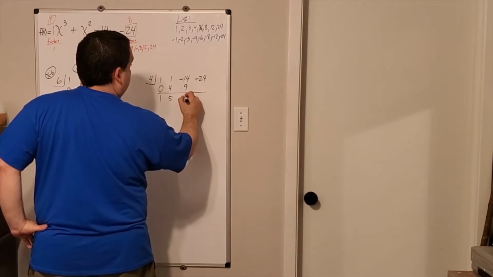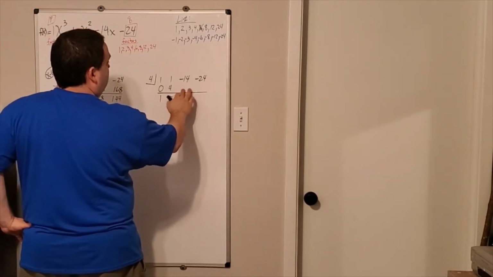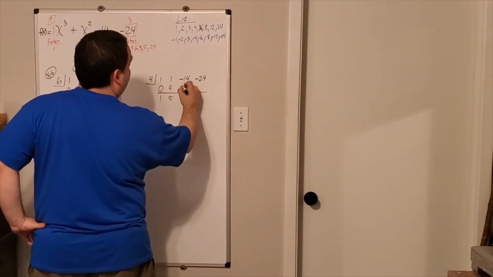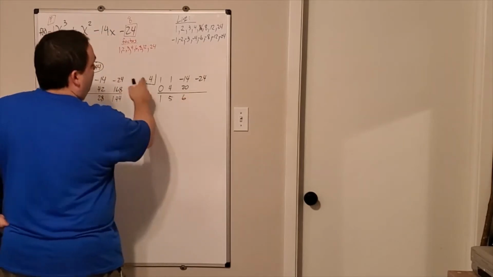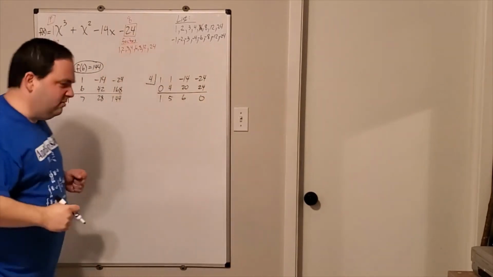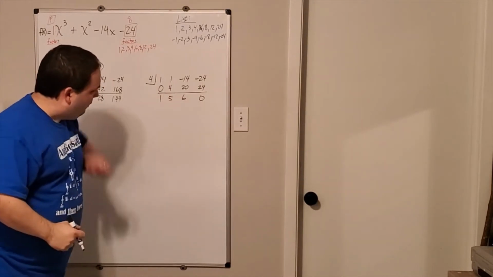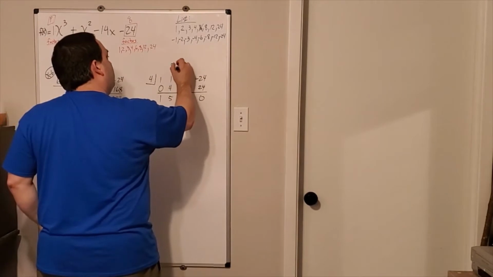I'm an idiot. 4 times 5 is 20, David. And that gives me 6. 4 times 6 is 24. 0. Yes. Success. The 0. That means f of 4 is 0.